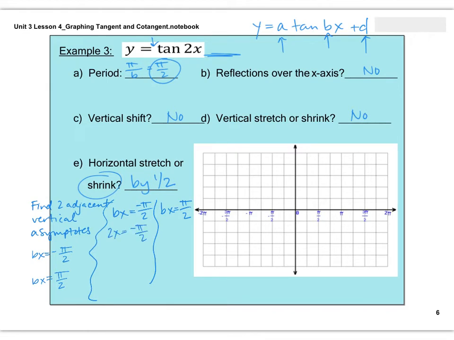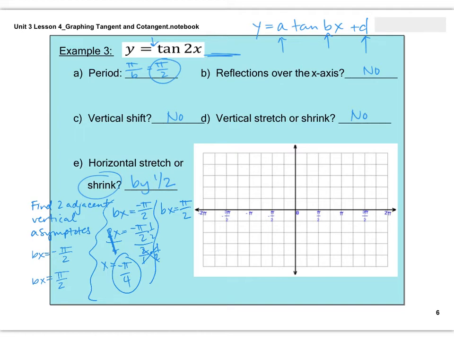So if I plug in a 2 for b and now solve for x, so divide by 2, to get rid of that fraction in a fraction, we're going to have to multiply by the reciprocal. These will cancel, and you're going to end up with negative pi over 4. That is the location of one of your vertical asymptotes.